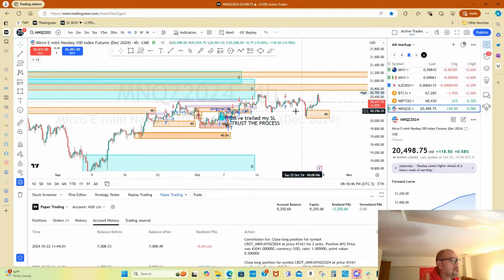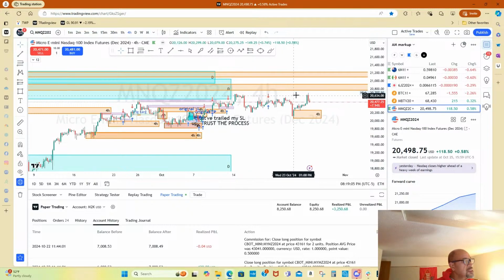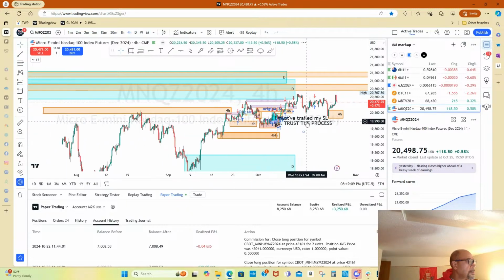Yeah, 4 hour, maybe more so. We're grinding upward. Yeah, trail my stop loss when it would have just ground its way up, and I should let it do so, because it still ain't come back on it yet.